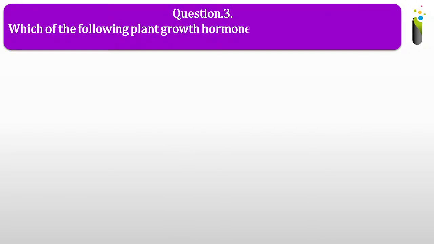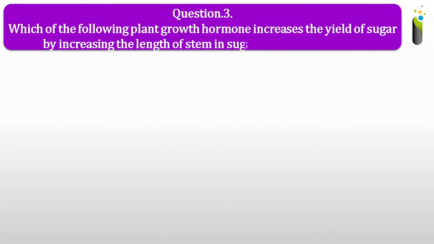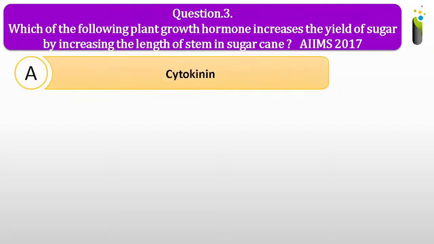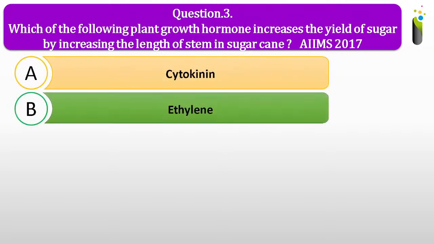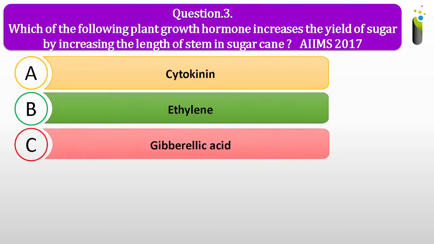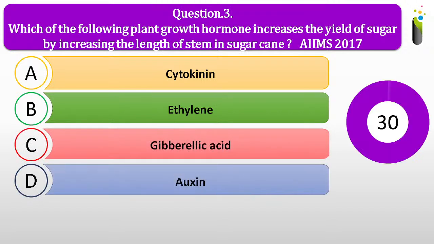Which of the following plant growth hormone increases the yield of sugar by increasing the length of stem in sugarcane? This question was asked in AIIMS 2017, and your options are A. Cytokinin, B. Ethylene, C. Gibberellic acid, D. Auxin.